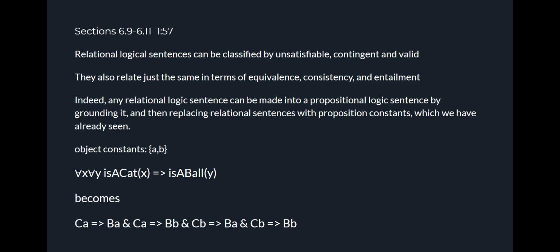And so the bottom sentence is a purely propositional logic sentence that has the exact same semantics as the propositional logical sentence above. Thus, all those properties, unsatisfiable, contingent, validity, equivalence, consistency, and entailment, all apply to relational logical sentences just as well as propositional logical sentences.